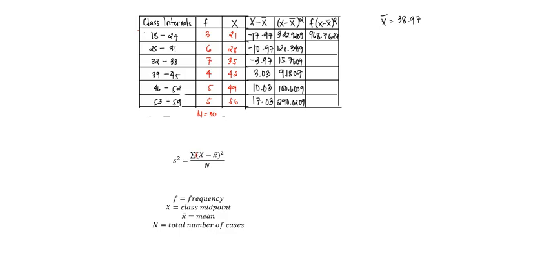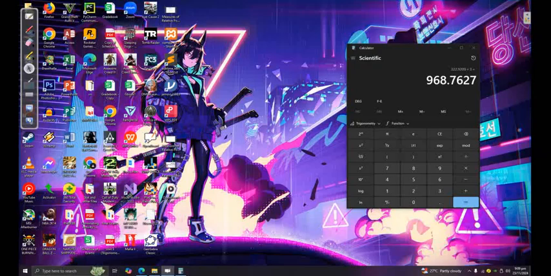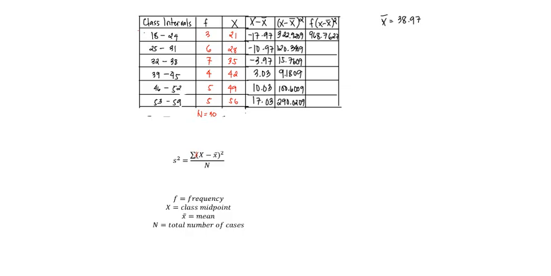Now let's move on to the next one, 120.3409 times 6, which is 722.0454.